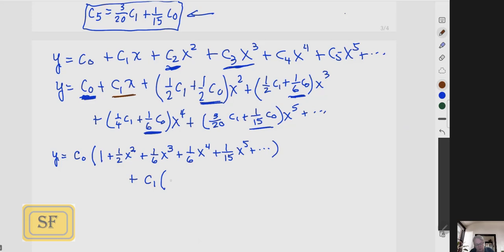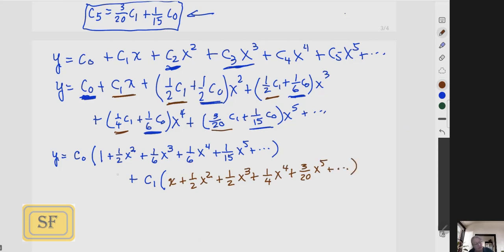I have 1x plus 1/2 x squared plus 1/2 x to the third plus 1/4 x to the fourth plus 3/20 x to the fifth, and so on.